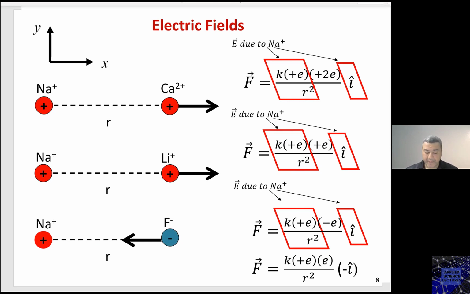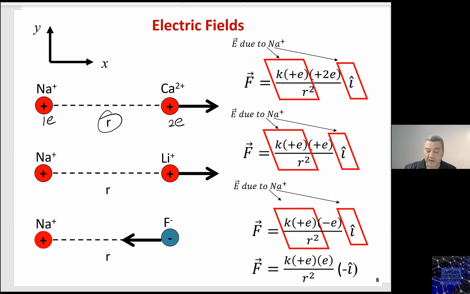So in order to understand how this electric field is formulated, let's look at this example. Here we have a sodium atom with one e and a calcium ion with two e. Both of them are positive, at a distance of r. What is the force exerted between those two ions?